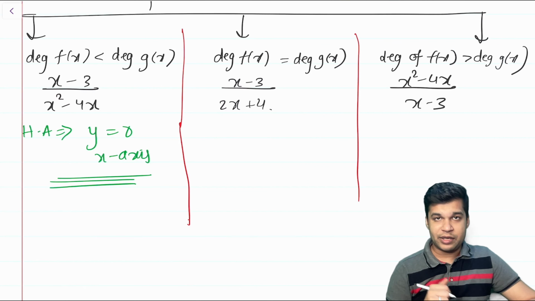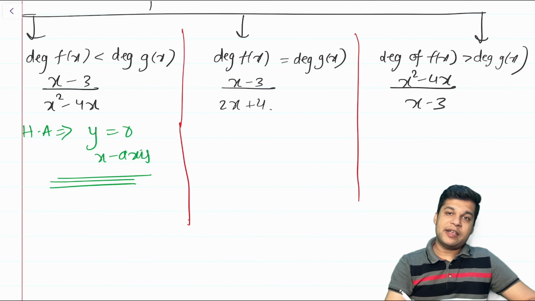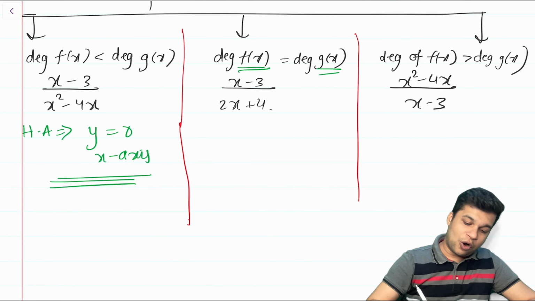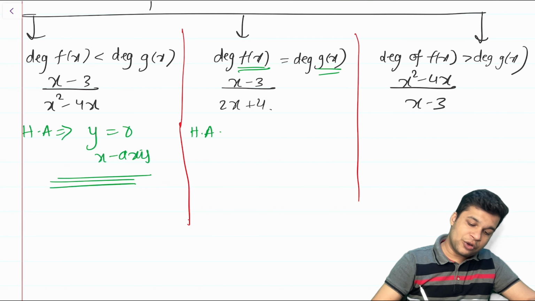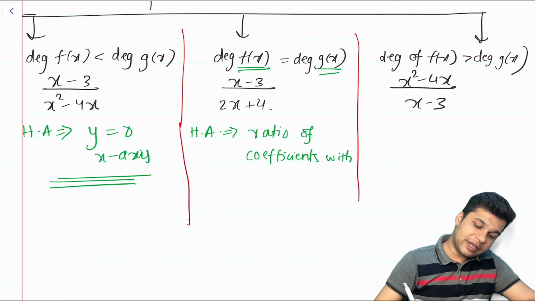The second possibility: if the degree of f(x) is equal to the degree of g(x), then the horizontal asymptote will be the ratio of coefficients with highest degree.